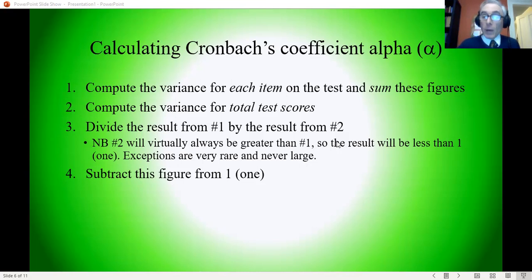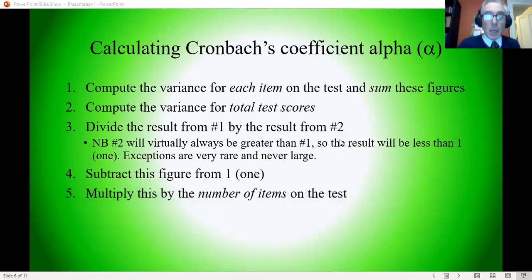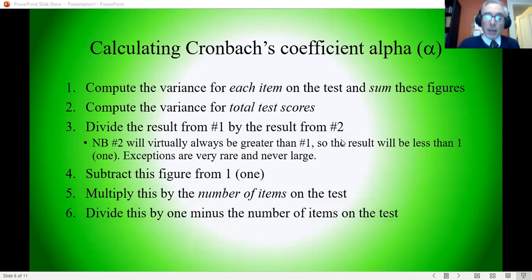We now subtract that from 1, and we multiply it times the number of items on the test and divide that by 1 minus the number of items on the test. By the way, if you prefer to do the number of items divided by 1 minus the number of items first, and then multiply that times what you get after step 4, fine, it works just as well.